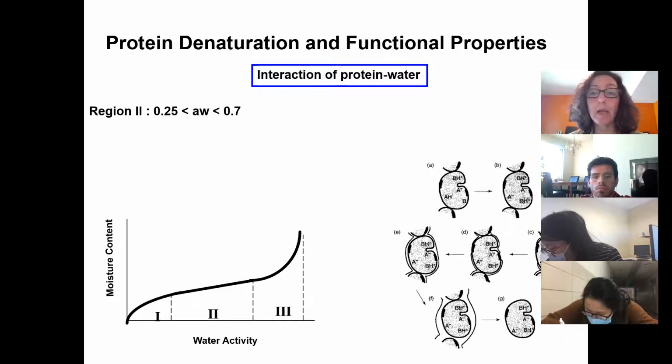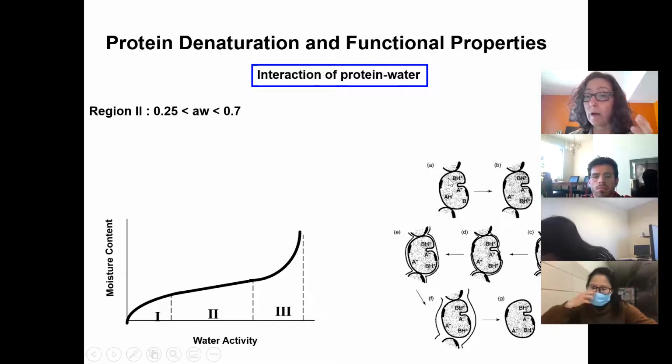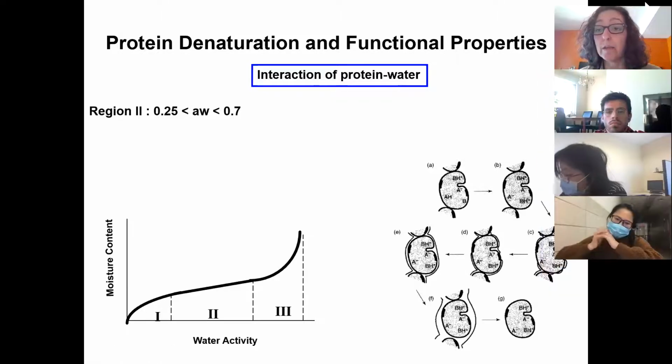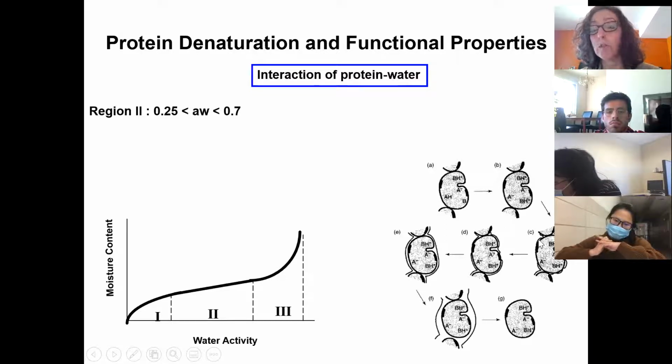If we look at this diagram, it shows the protein without water, and then as you start adding water, you start seeing interactions with the protein. When we go from B to C, we see partial water binding, mostly with the hydrophilic and polar groups.